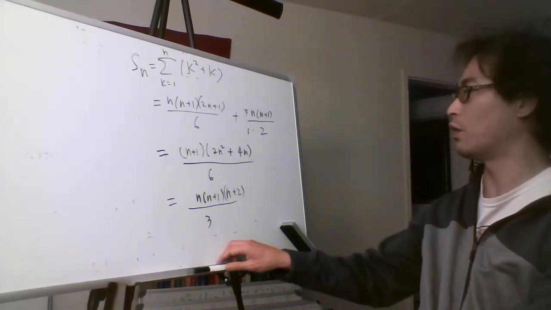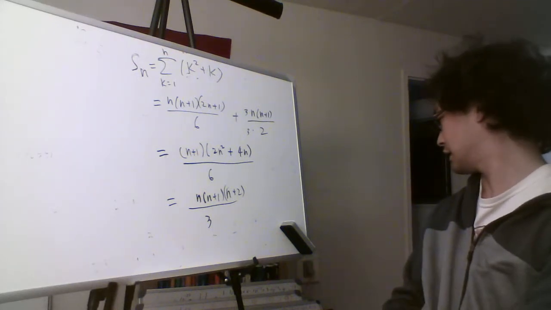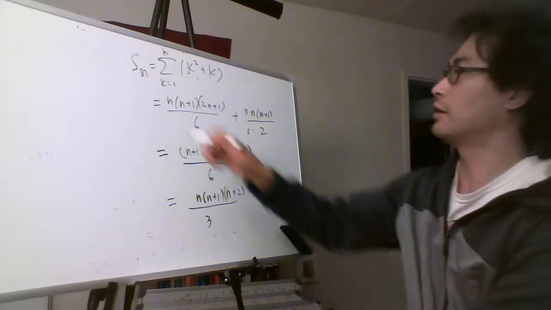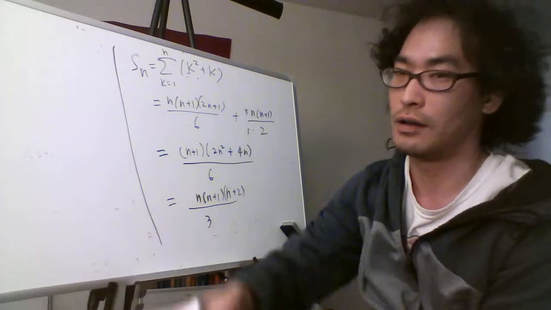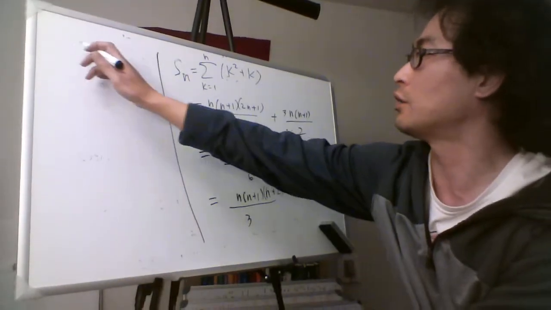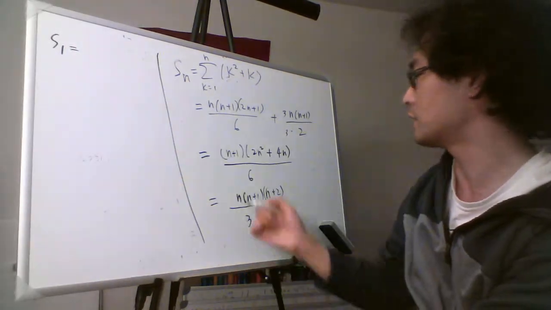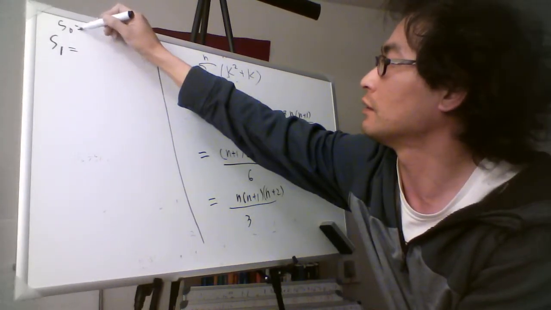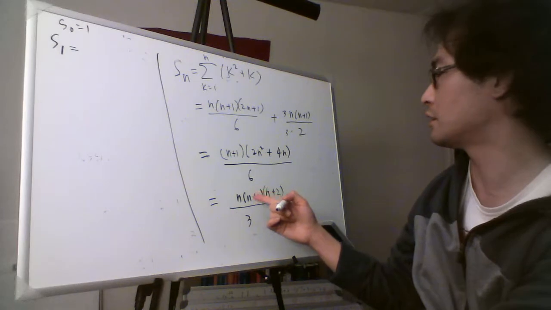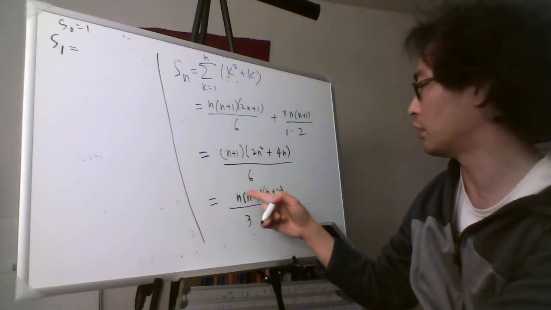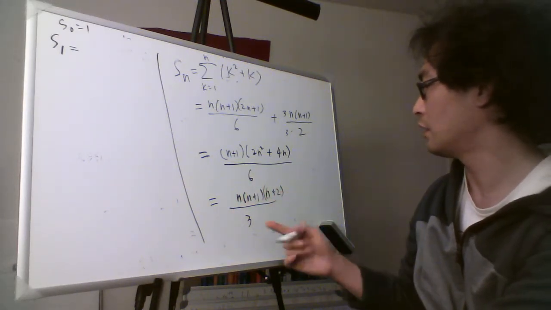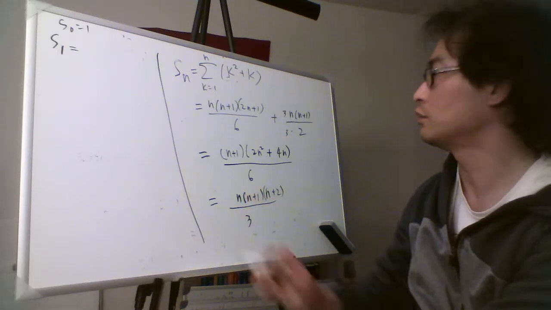When n is equal to 1, s1 is what? Well, s0 is 0, right? So when n is equal to 1, 3, 3, 2, 1, 2.